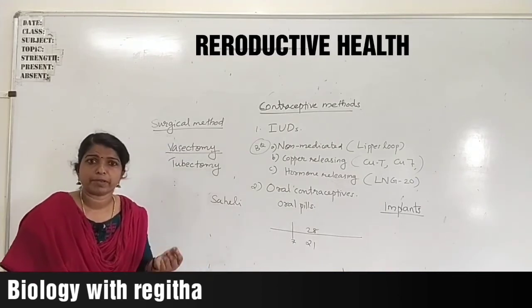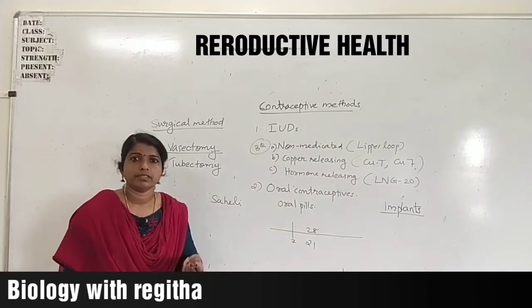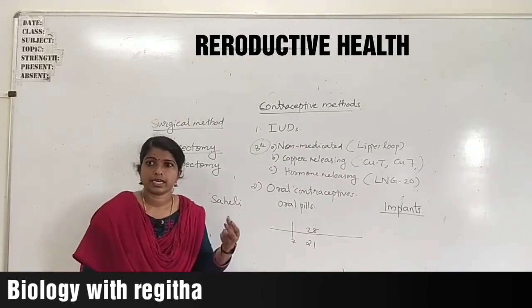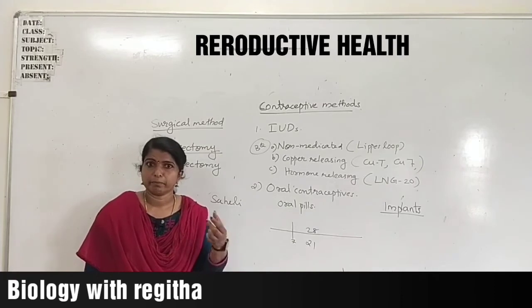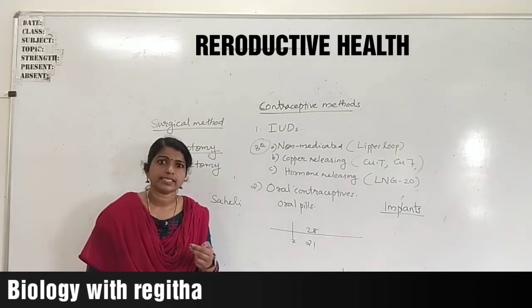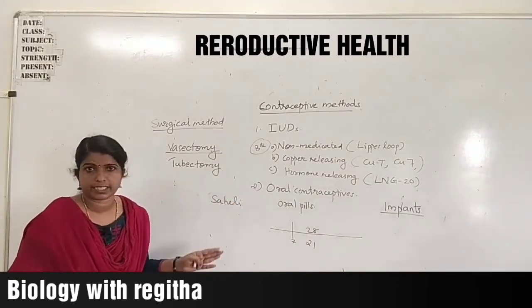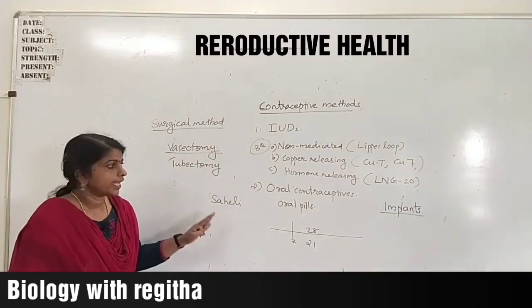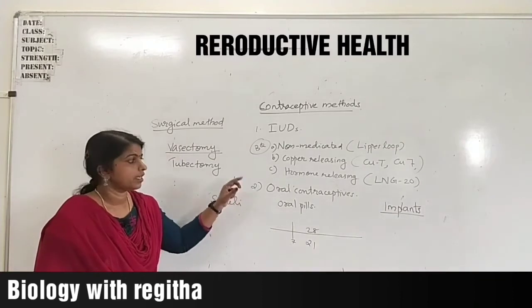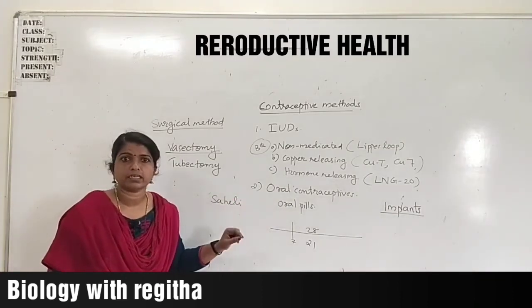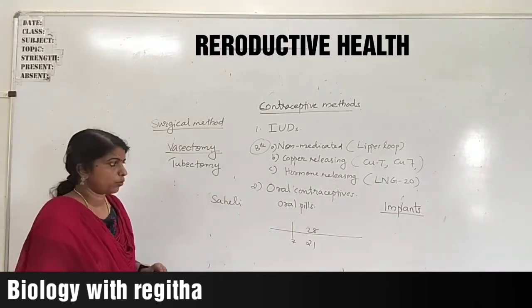In some people it may cause nausea, then breast cancer, abdominal pain, bleeding, etc. All these things happen along with the use of these contraceptives. Anyhow, it is a very advantageous thing to check population explosion.